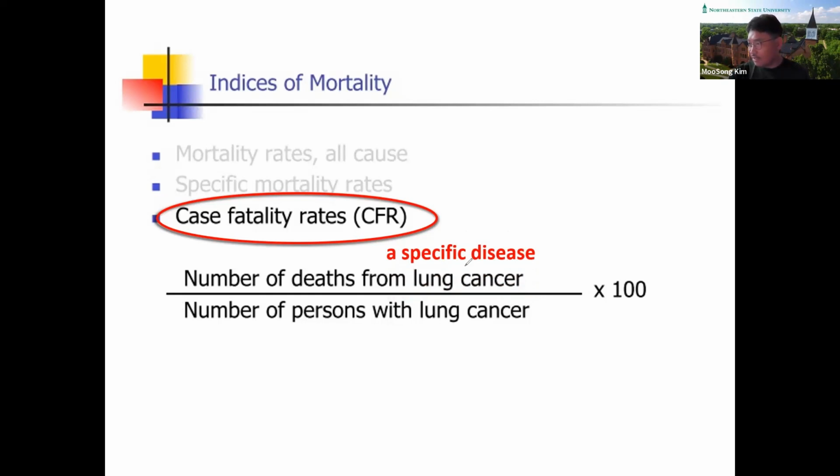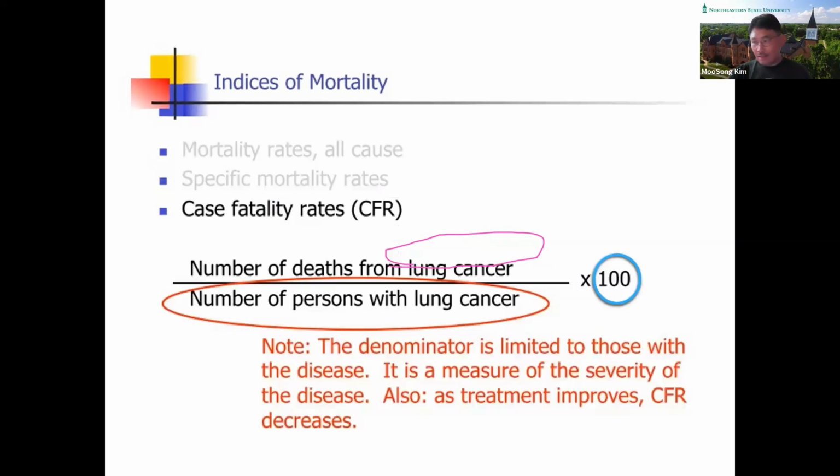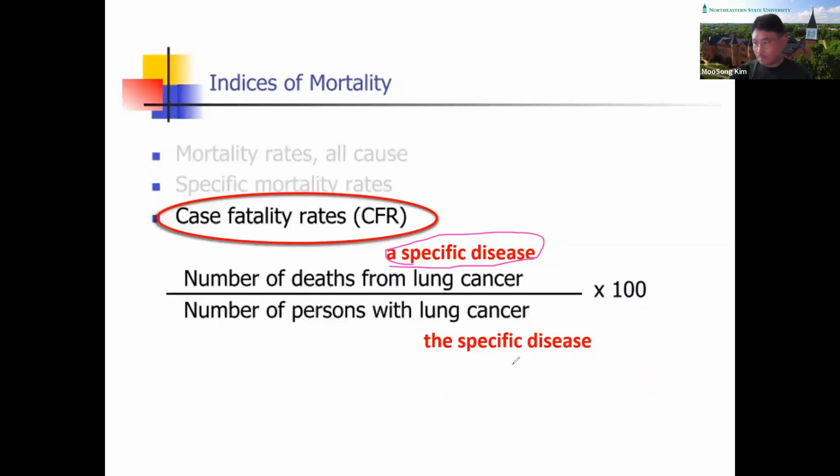But the bottom is actually different from cause-specific mortality rate. For cause-specific mortality rate, we use the total population, but for case fatality rate, we use the number of people with the specific disease.